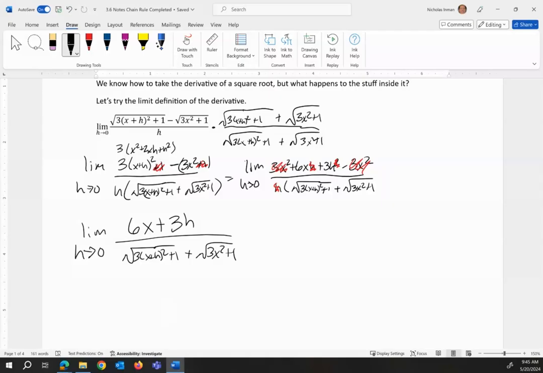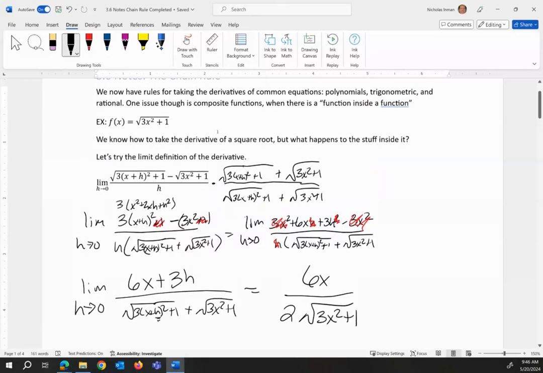Putting 0 in on the top, 6x plus 3 times 0 is just 6x. Down on the bottom, we still just have x plus 0, which is just x squared. So we have 3x squared plus 1 in both square roots. So that is 2 times the square root of 3x squared plus 1. That is the derivative of this terrible looking function.